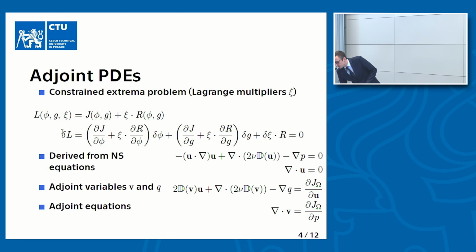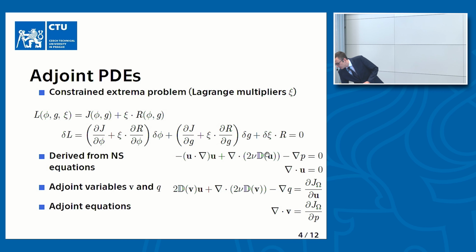Since the variations of each variable are arbitrary, we need each of these three terms to be equal to 0 independently. So from the first term, we will derive the new system of partial differential equations. From the second term, we will get the gradient in the end. And the last term is just r equal to 0, which are our original governing equations, the Navier-Stokes equations for fluid with constant density in stationary state.